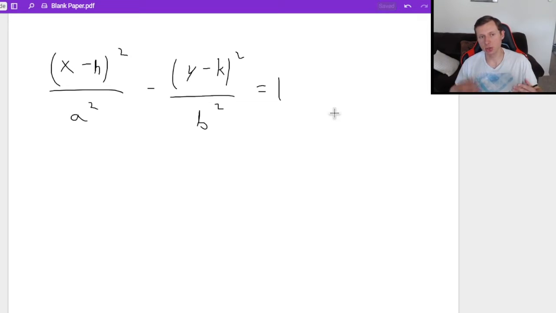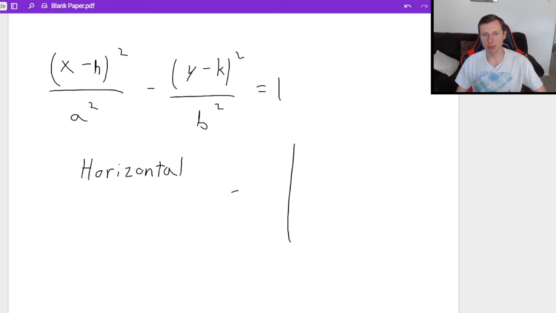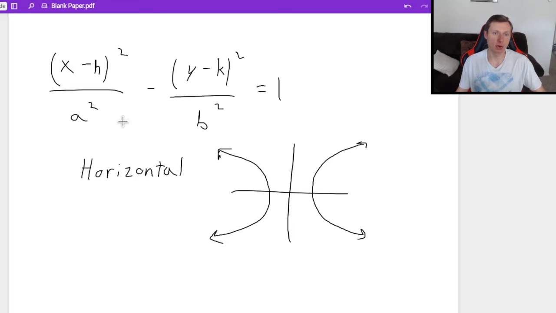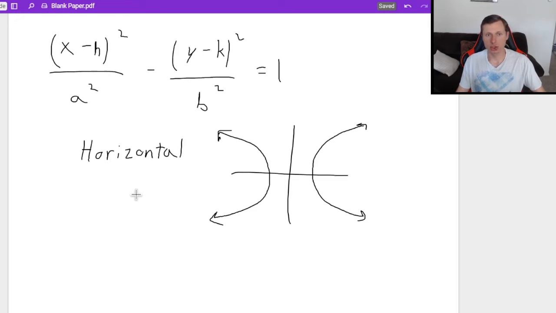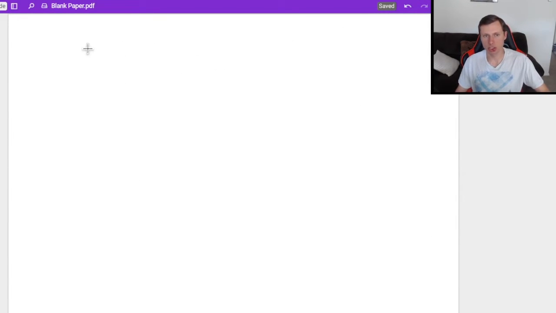Now the one thing I do want to say is that this is for a horizontal hyperbola, and a horizontal hyperbola is one that looks like this. It opens horizontally. We can have a vertical hyperbola, and the way you do that is you literally switch the positions of the y and the x.